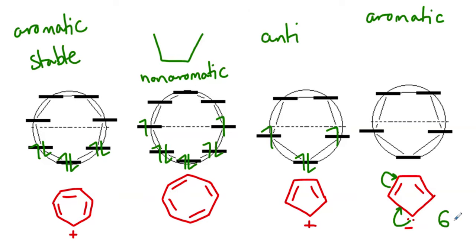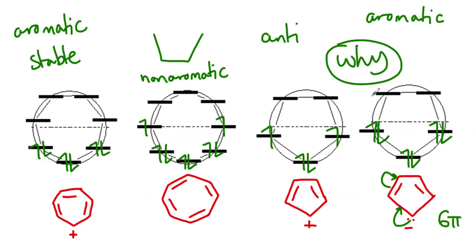And because we've got 6 pi electrons, I'm hoping you can see we end up with no electrons that are unpaired, making that much more stable and aromatic. And so that's how Frost circles work. Hopefully that makes things a little bit easier to understand why some compounds are aromatic versus anti-aromatic.